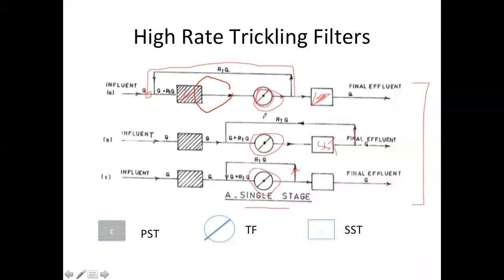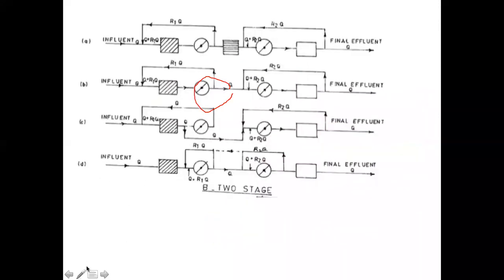Moreover, to increase the efficiency of the trickling filter process, we can use more and more trickling filters in series. Here you can see two trickling filters installed in series.